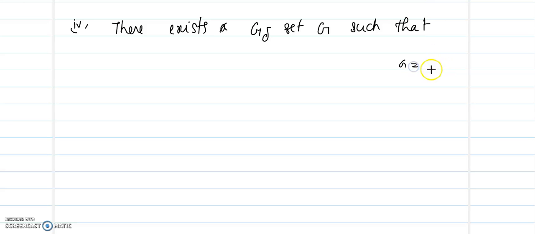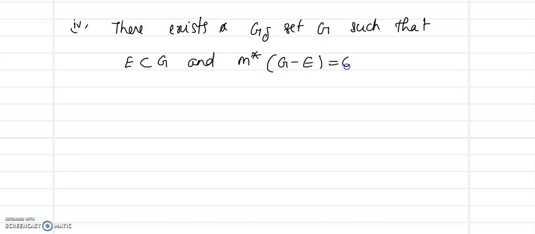So G will be equal to some countable intersection of open sets. That is the meaning of a G delta set. If there exists a G delta set G such that E is contained in G and m star of G minus E is equal to 0, then in that case E will be measurable.